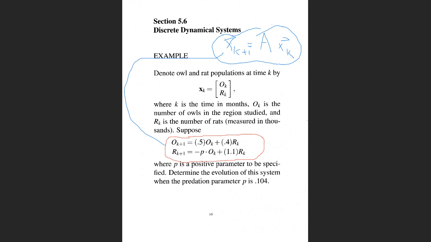And x of k is denoted by the vector with elements O sub k, the owls in the kth month, and R sub k, the number of rats in the kth month.